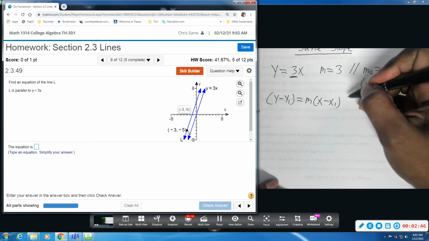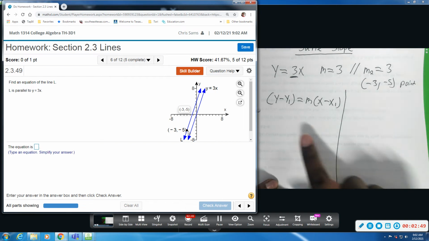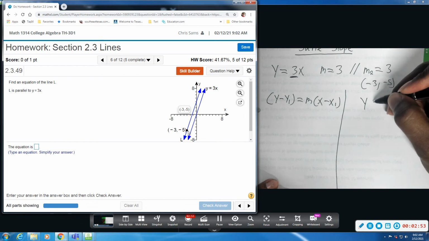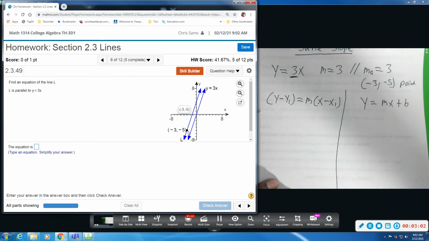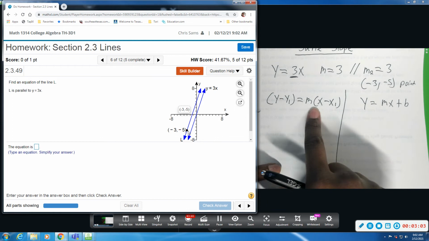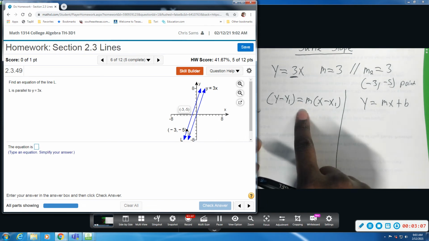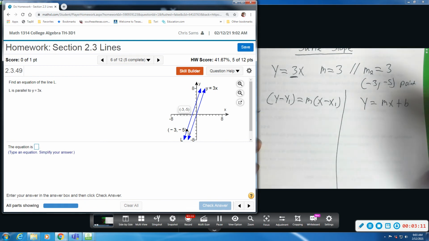I am partial, now that I've done it a long time, to just going straight to slope-intercept form, y equals mx plus b. But you might want to get used to practicing with this, get a good understanding, compare the difference, and then see which one you like better.